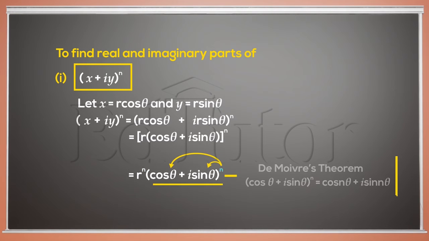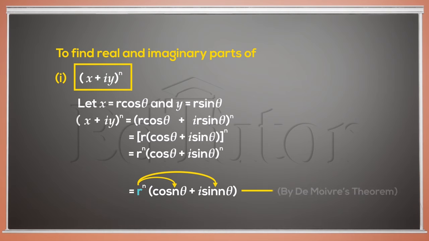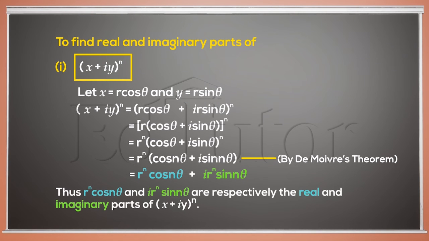Now, on this bracket, de Moivre's theorem can be applied by simply multiplying n with the argument theta. Lastly, multiply r raised to n by both these terms inside the bracket. And finally, we have found the real and imaginary parts of the given complex number.